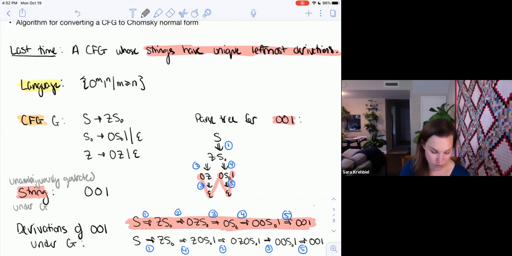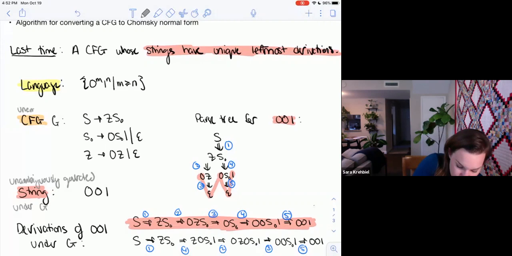So this is unambiguously generated by G, by the grammar G. And we can also argue that for any string of this form, it's going to have a parse tree that basically looks like this. So there aren't any strings that can be generated ambiguously by this grammar, and this makes this an unambiguous grammar.